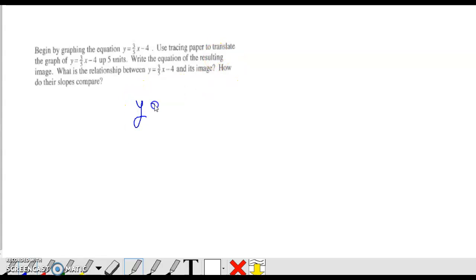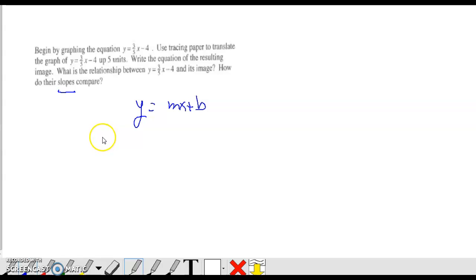Again, we're writing it in the y equals mx plus b form. And then this is the most important part. What do you notice between this original equation and its new image? And most importantly, what do we think about our slopes?